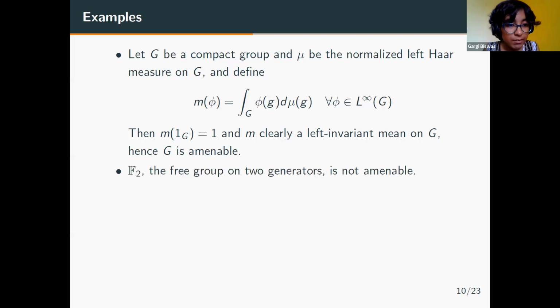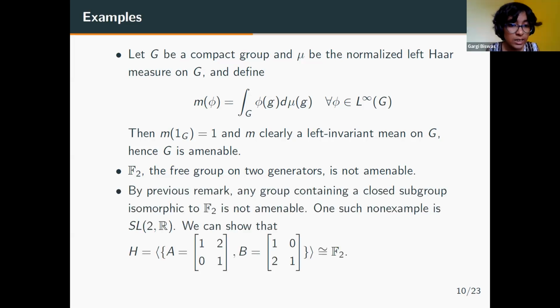The next very important non-example of an amenable group is F2, the free group on 2 generators. It actually lies at the very heart of the Banach paradox. So this is very important. And using this, by the previous remark, any group containing a closed subgroup isomorphic to F2 is also going to be not amenable.